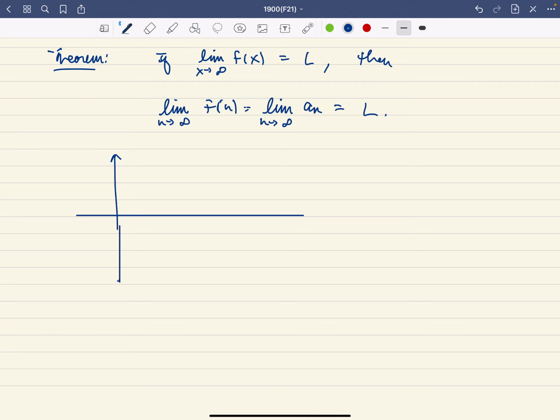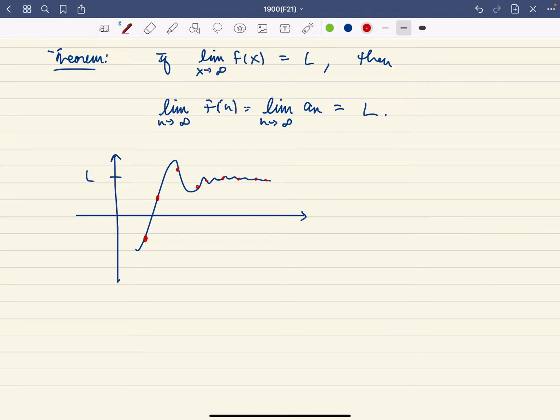If I were to take a graph here, of a function that's eventually going to settle around the value L, what that means is that when x is arbitrarily large, all the values are close to L. Now if you take a sequence, you're taking a bunch of points that are equally spaced out according to their x values, so maybe here, here, here, and so on.